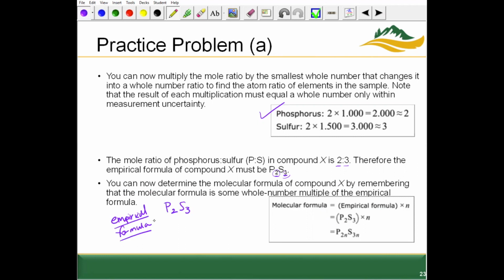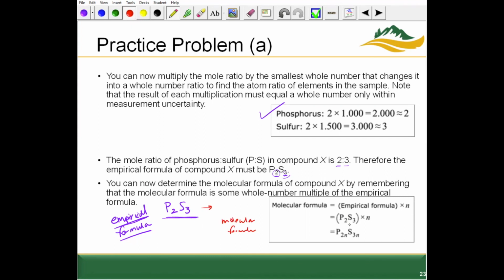To summarize at this point, we know the empirical formula for our compound. We went through the steps like we did for the previous example. We ended up with an empirical formula. For our practice problem in this topic, though, we were also given a molecular mass, and we're asked to actually find the molecular formula.